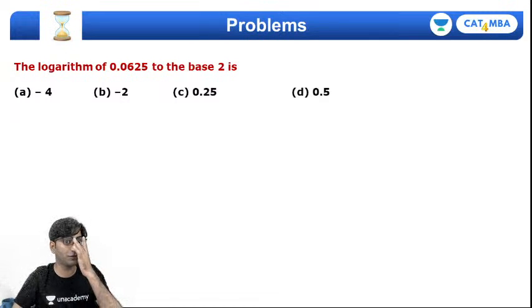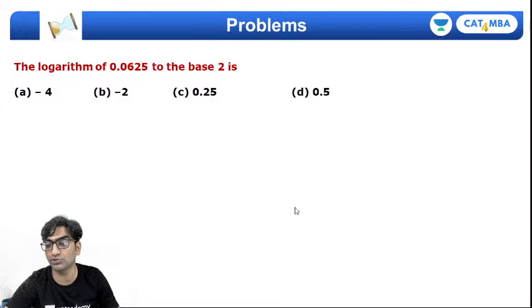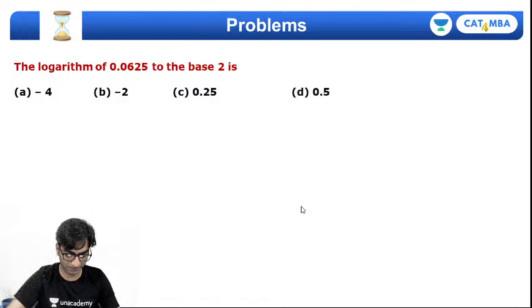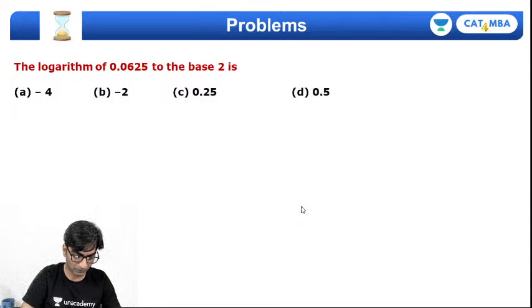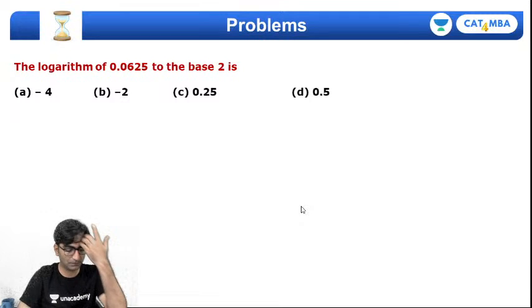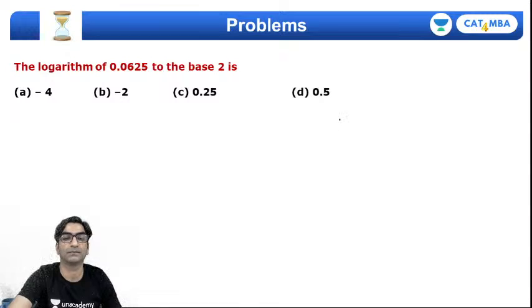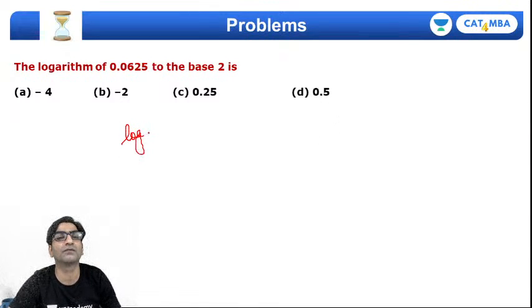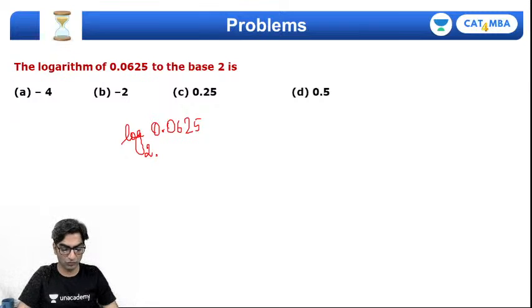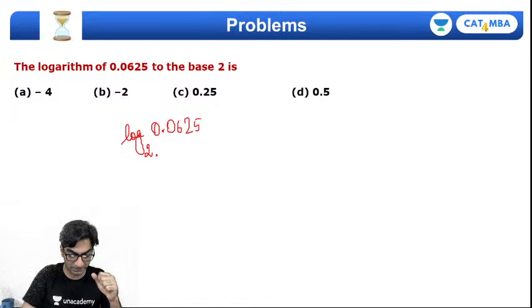The logarithm of 0.0625 in the base 2. See if this one makes sense to you. Remember, we want log of 0.0625 in the base of 2. Find this logarithm.